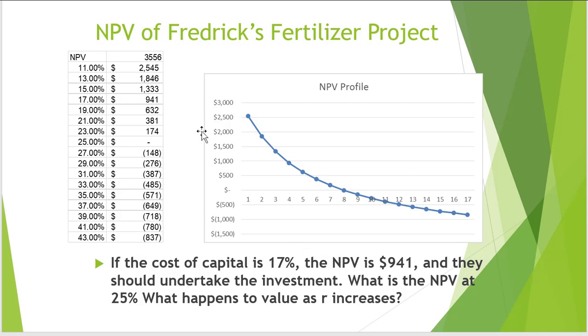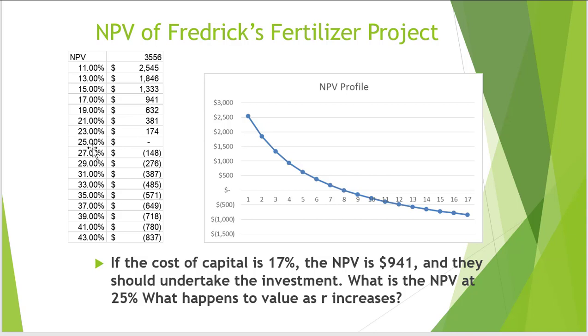But the idea here is you can say, well, what is the net present value at different discount rates? If the cost of capital is 17%, you can see that the net present value is $941. Remember, net present value talks about the increase in value or wealth to the company should they do this particular project.